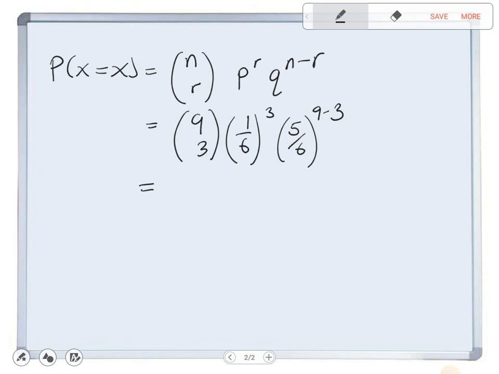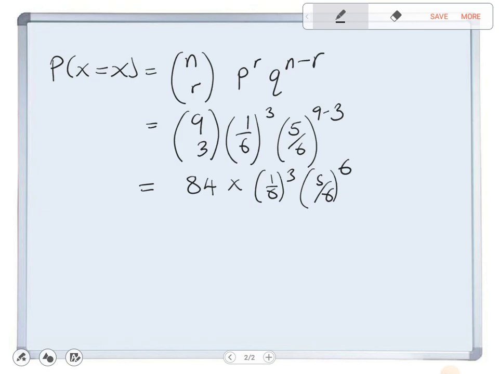So 9 combination 3, if I punch it on my calculator, it's giving me 84. So here I'm getting 84 multiplied by 1 over 6 raised to the power 3. I'm getting something like 4 point something, so I'll just leave it the way it is and punch it together. And here 5 over 6, then 6 there.